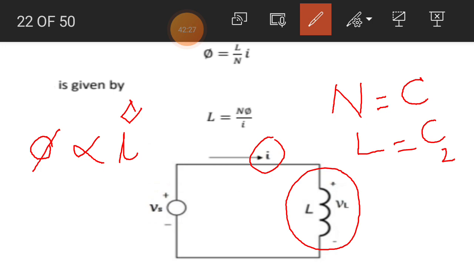By increasing the current, the magnetic flux will increase, and by decreasing the current, the magnetic flux will decrease. We want to write this relationship as an equation. It means that the magnetic flux will be equal to L by N, which is a constant, into I.